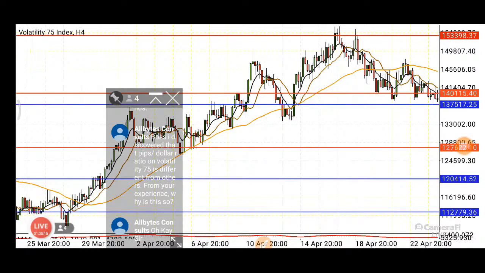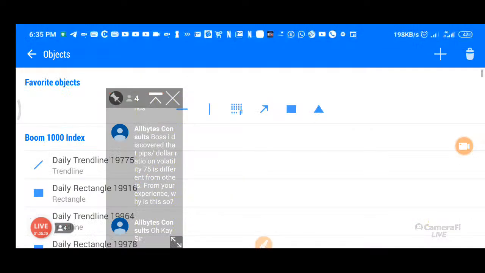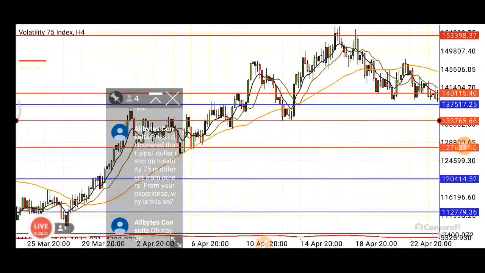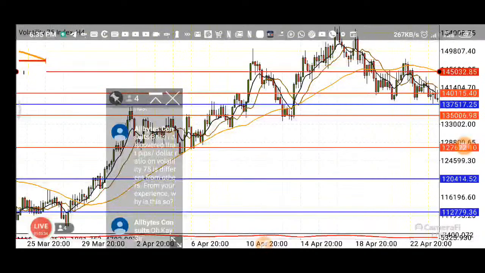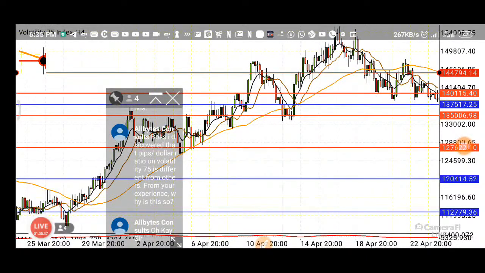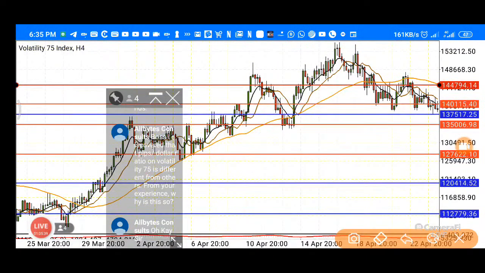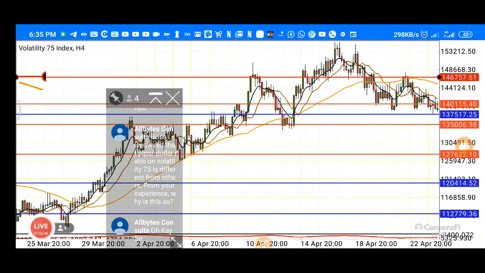If you entered for a buy at 140,115, your stop loss will be below, and your TP, you might set somewhere here. Let me draw this one back. So let's use this resistance. There's a resistance here, this level. Remember, this is the 4 hours time frame, or better still, you can use this resistance.